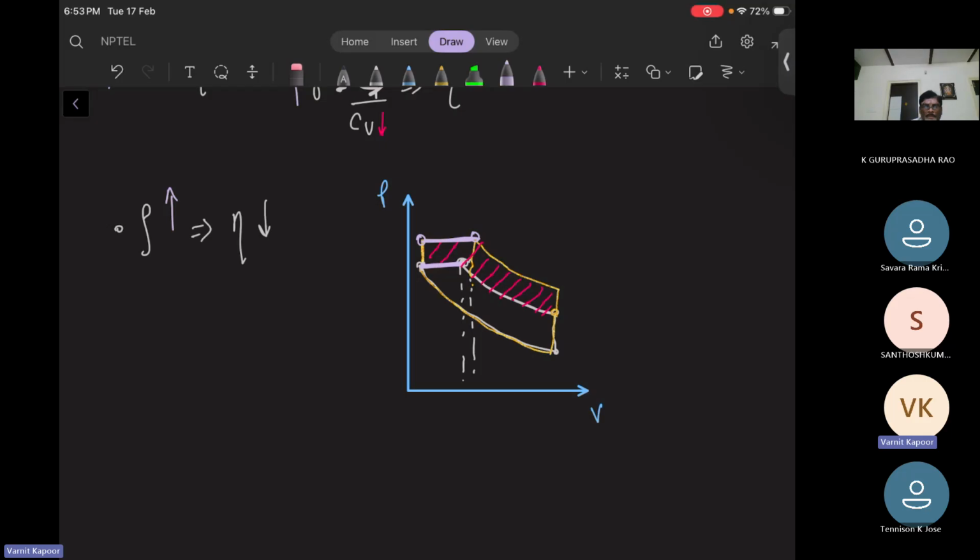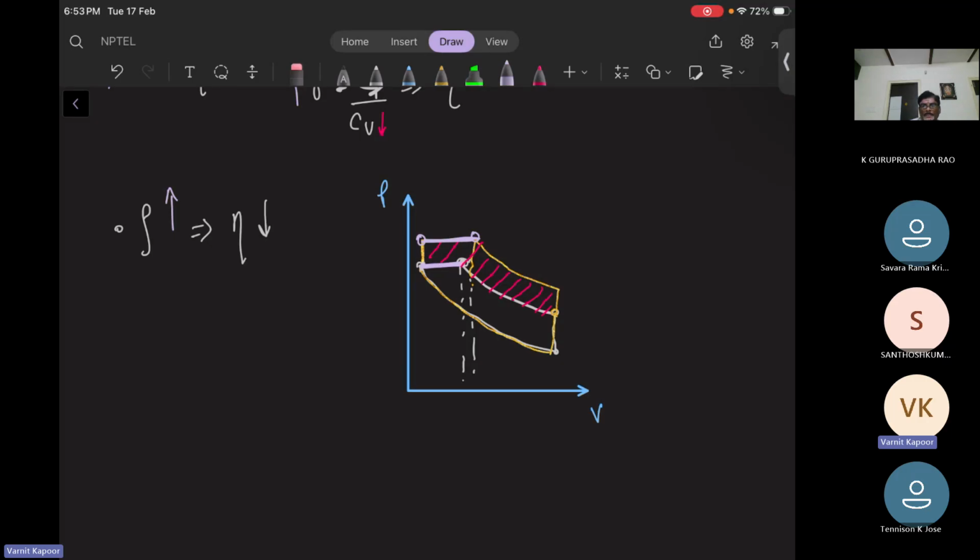And if more power is being generated at the cost of more fuel, that engine is not an efficient engine. If, with a lesser or the same amount of fuel, you are able to provide more power, then you can say the engine is efficient. Not when the fuel supply is also more, because fuel is an economic resource, limited in nature.